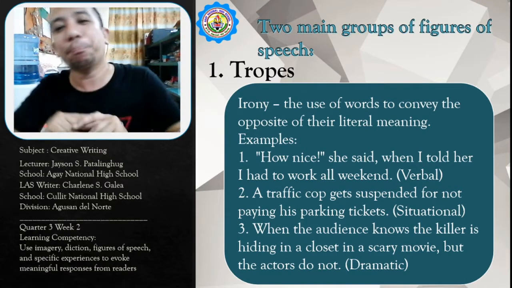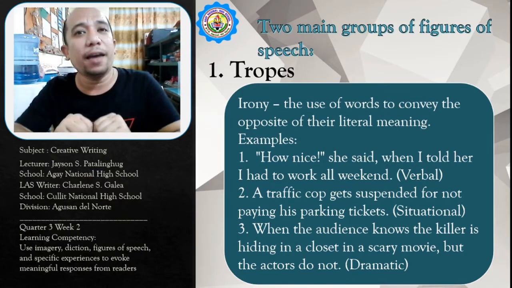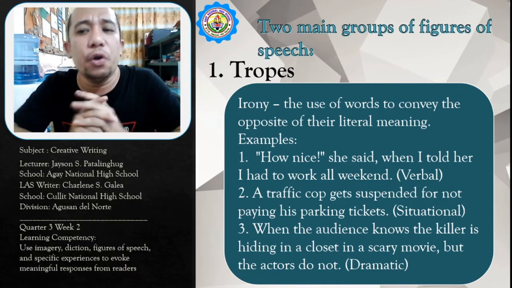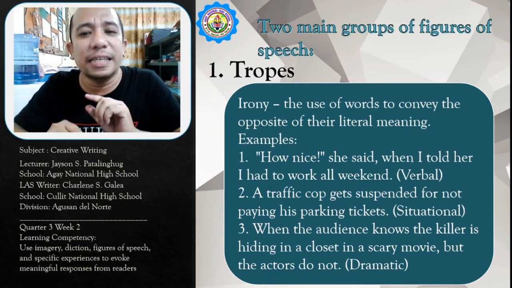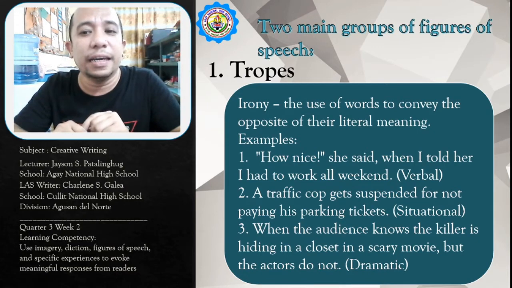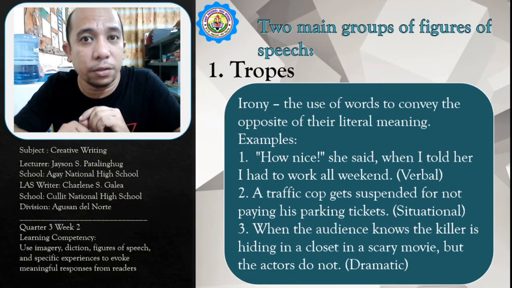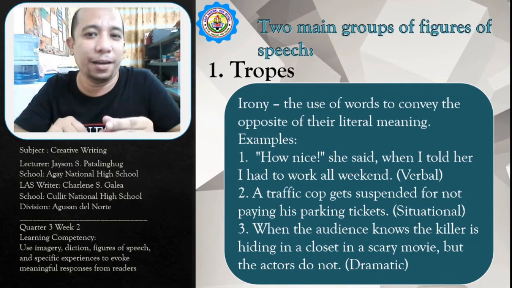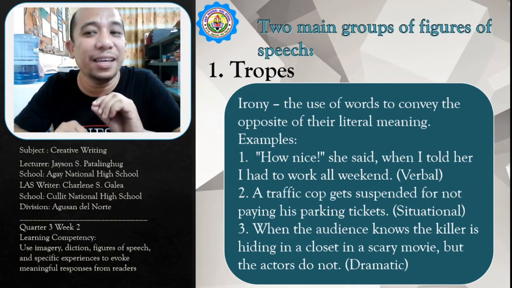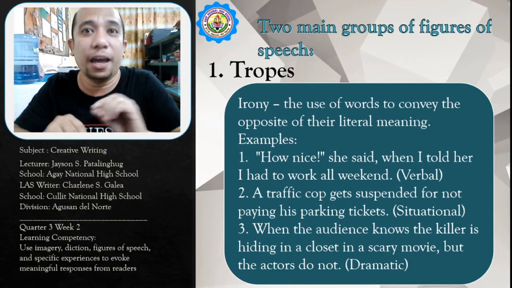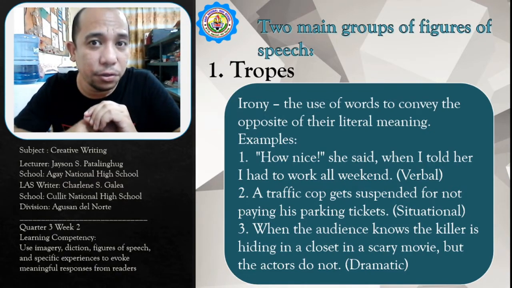Third example, dramatic irony. Dramatic irony is when the audience knows the killer is hiding in a closet in a scary movie, but the actors do not.